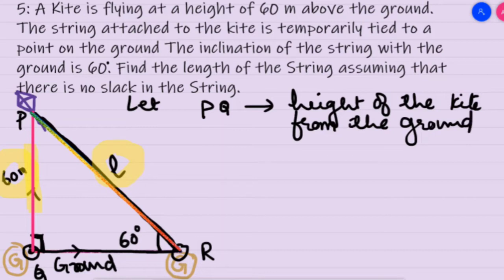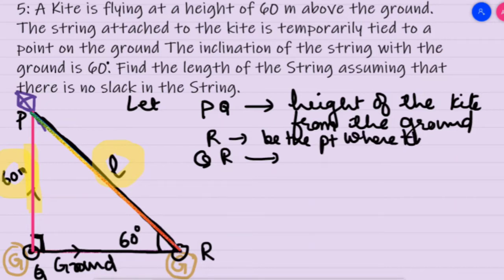Next, let QR be the horizontal line, where R is the point where the string is tied.